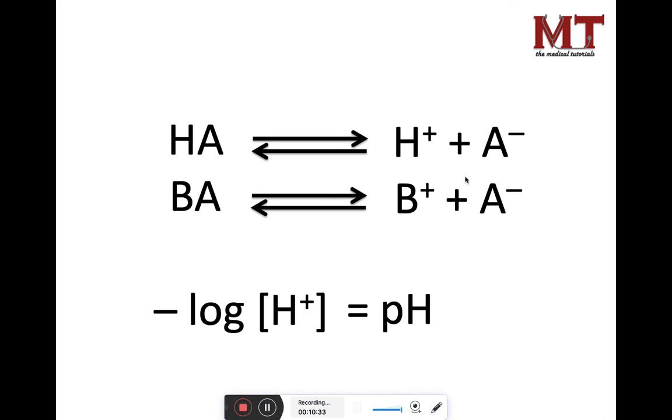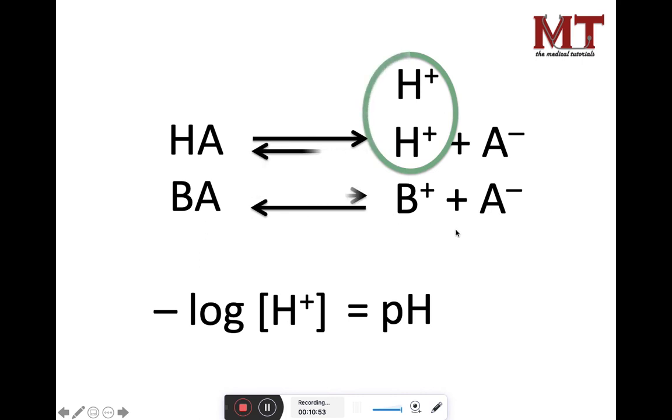Let us suppose we add H+ from outside, means we add an acid to this medium. There will be excess of H+ here. This reaction will be favored in the backward direction. To keep the concentration of anions here, the salt will dissociate more.